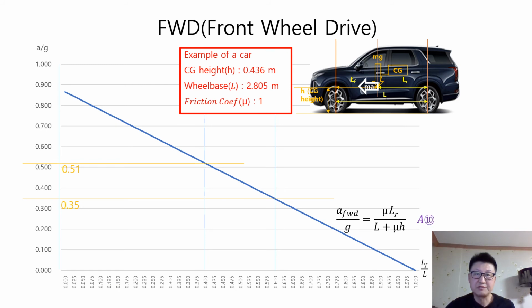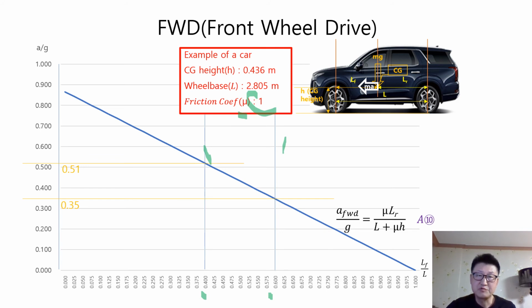Using the Excel sheet, we can draw the graph with the data in the red box for front-wheel drive in the case that the friction coefficient is equal to 1. Two vertical blue lines represent the 0.4 and 0.6 of the ratio respectively.